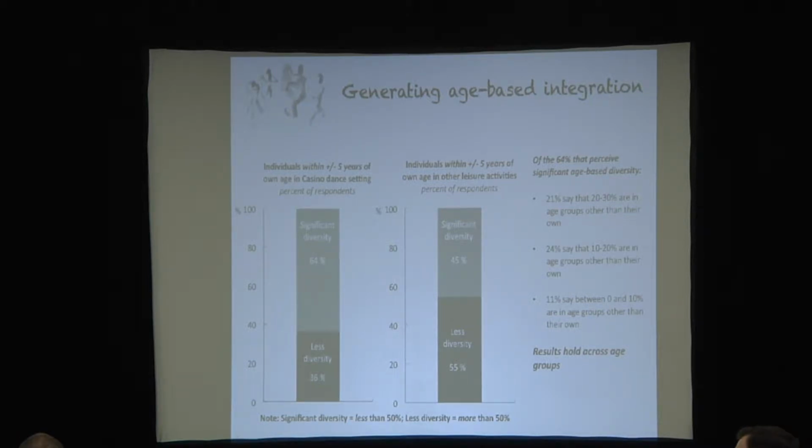And the numbers are actually quite similar. Again, we see 64% are experiencing significant age-based diversity in their dance setting, compared to only 45% outside of dance. Of this 64% that experience significant diversity, again, 1 in 5 is saying that only 20 to 30% of dancers are in their same age range.